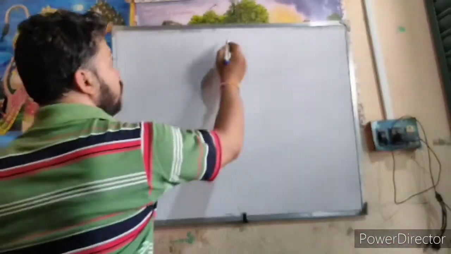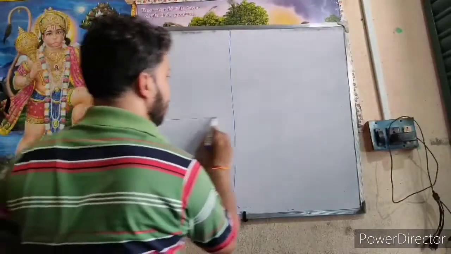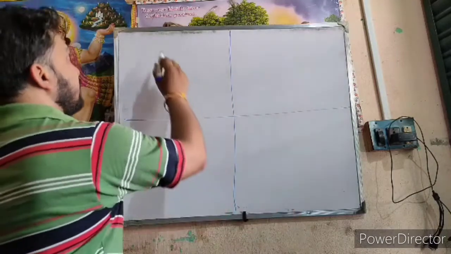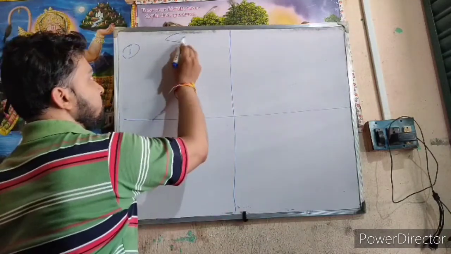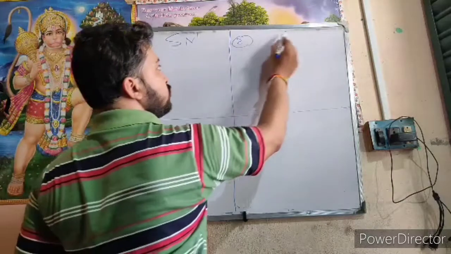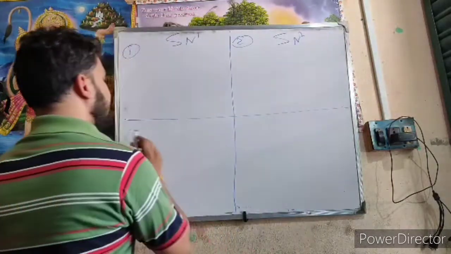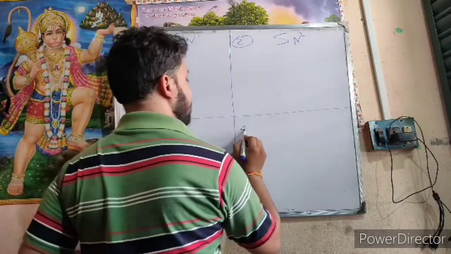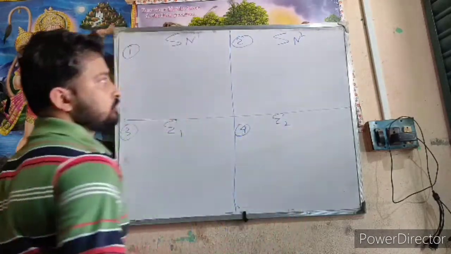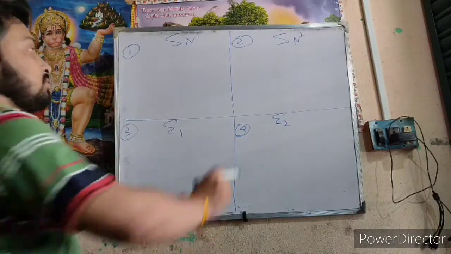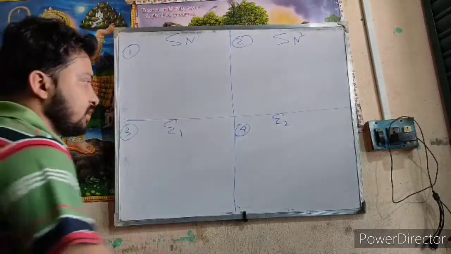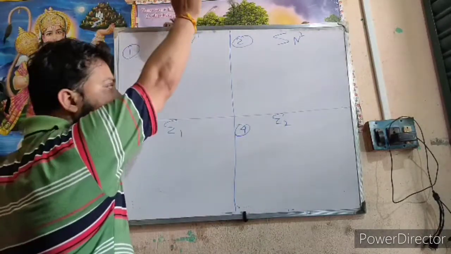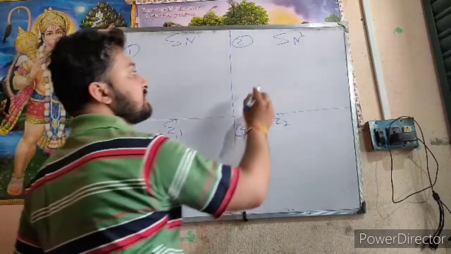So what is the summary of these reactions? One substitution reaction is SN1, another substitution is SN2, and one elimination reaction is E1, another is E2. SN1 and SN2 are two types of substitution reaction, and E1 and E2 are two types of elimination reaction. SN2 is a single-step reaction. The nucleophile attacks the carbon bonded to X, and you get the inversion product. It depends on the leaving group: the better the leaving group, the better the reaction.